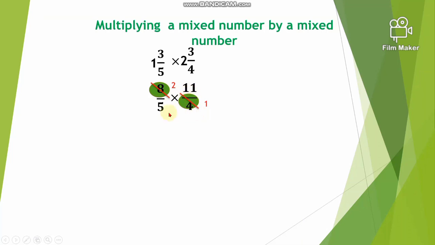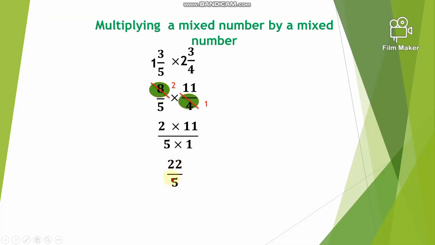Now since there are no common factors in the numerator and the denominator, you can multiply the values in the numerator and the denominator separately. Here 2 and 11 are in the numerator, 5 and 1 are in the denominator. So you will get 22 over 5 as the resultant fraction.